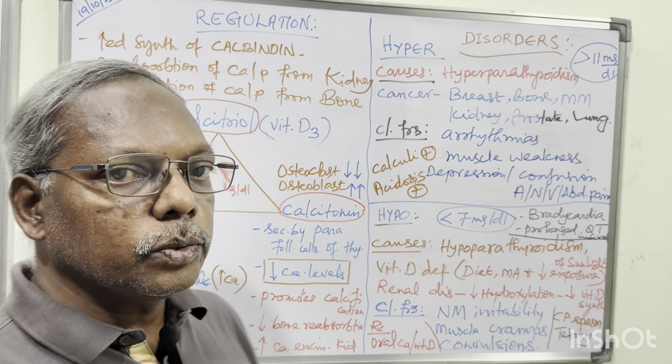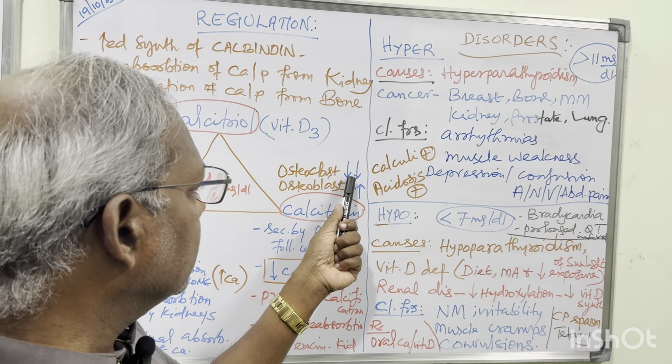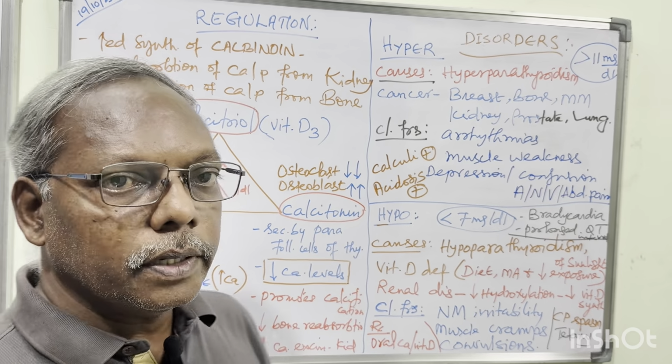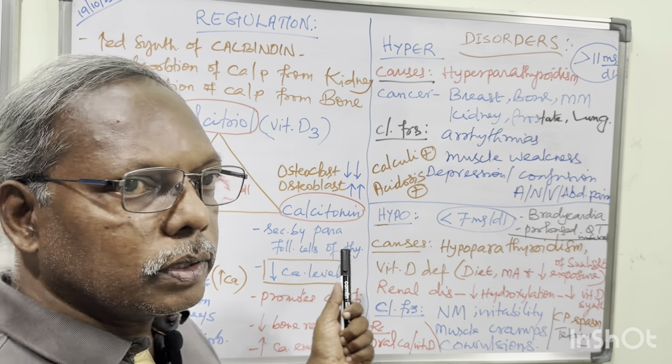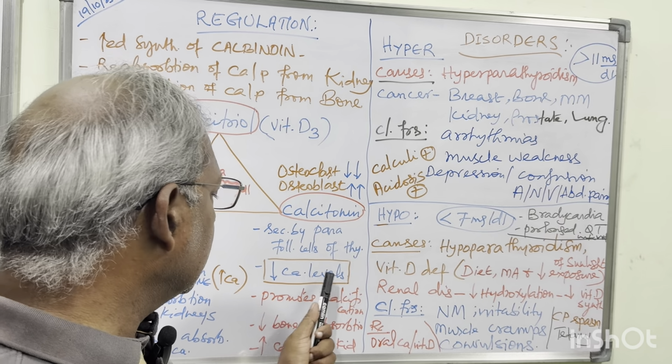First one is calcitonin. It usually decreases calcium level by decreasing the activity of osteoclasts and increasing the activity of osteoblasts. Calcitonin, secreted by parafollicular cells of the thyroid, decreases the calcium levels.